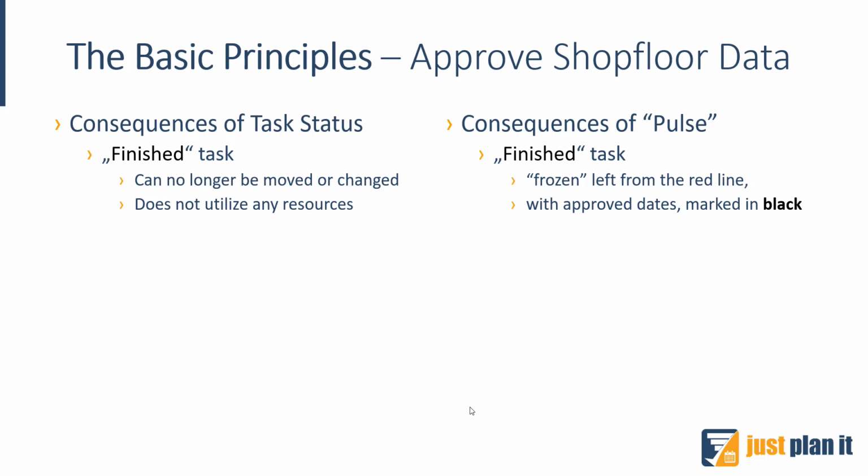And very important, it does not utilize any of your scheduling resources, as of course a finished task lies in the past of the planning board. That means that finished tasks, after you pulse, after you approve the data, will be frozen left from the red line. So that means that the red line jumps over the finished tasks.